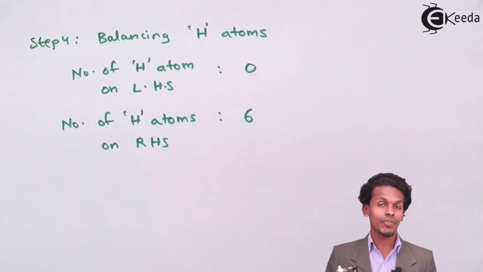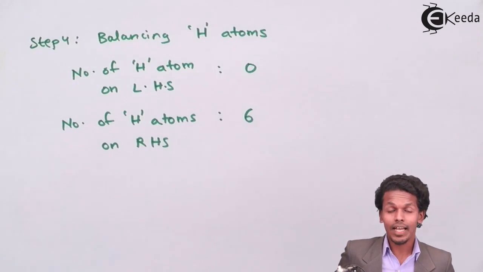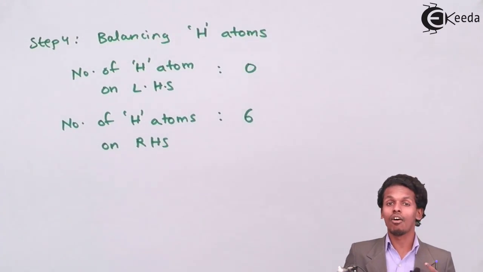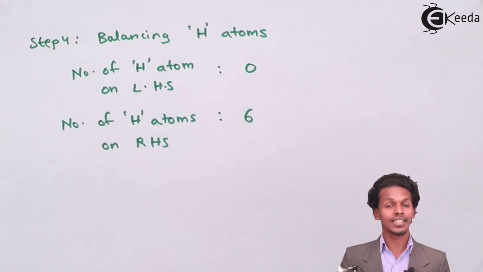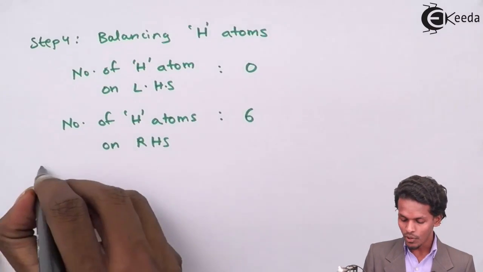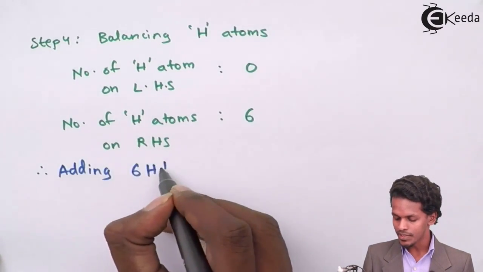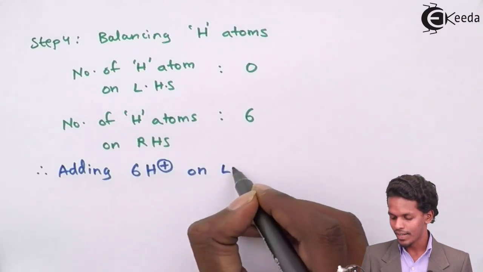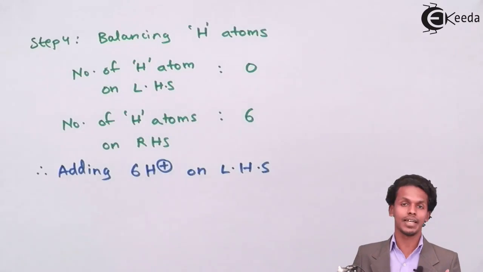So what is the deficiency and where? There are 6 hydrogen atoms which are deficient on the left hand side. So we are going to add 6 times H+, adding 6 times H+ on the left hand side, or on the reactant side, the deficient side.